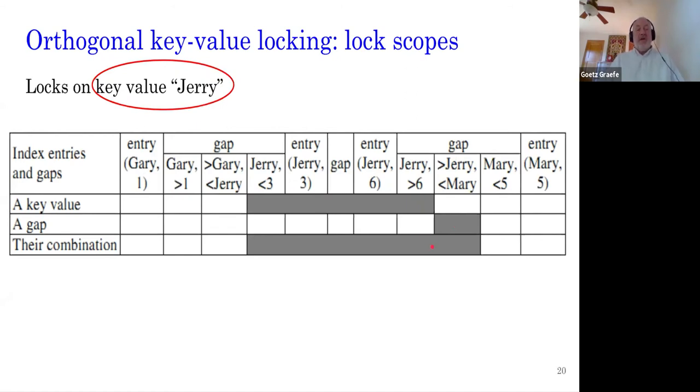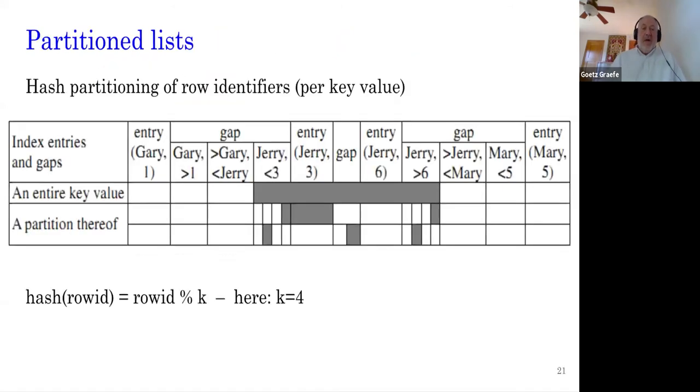But orthogonal key value locking has two more tricks up its sleeve. First, we actually permit partitioning the set of values. So we take these row IDs attached to the distinct key value Jerry, and we hash them. And in this case, my hash function is very sophisticated: row ID modulo 4.